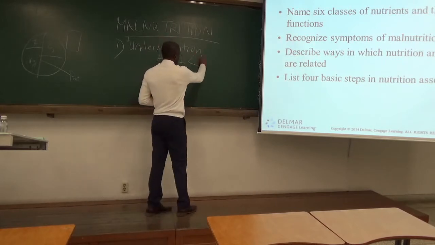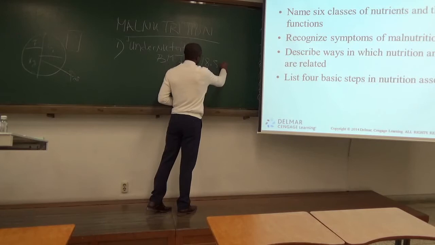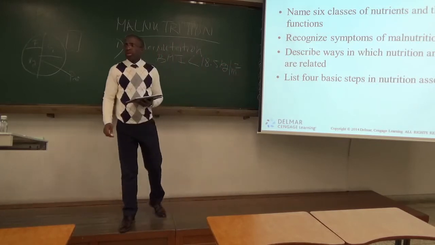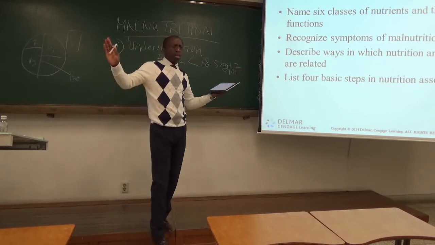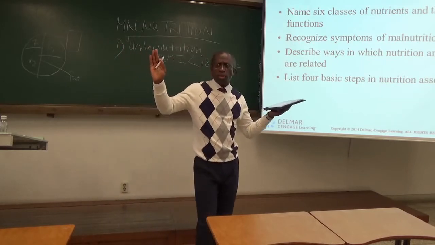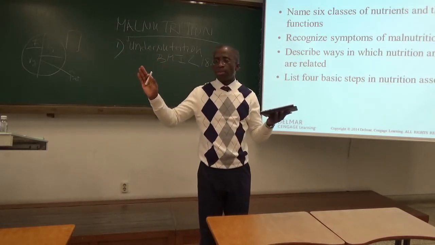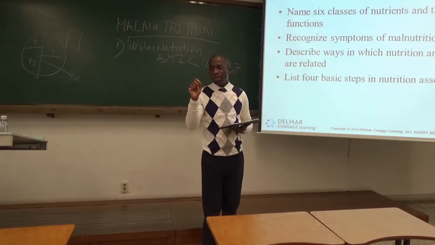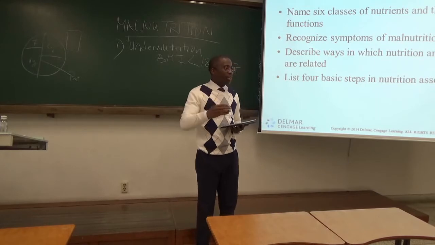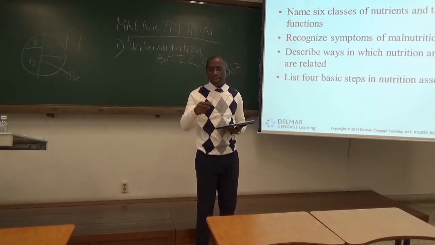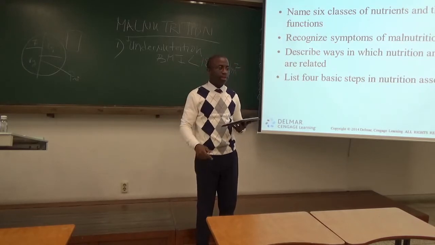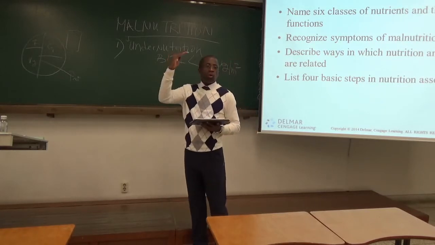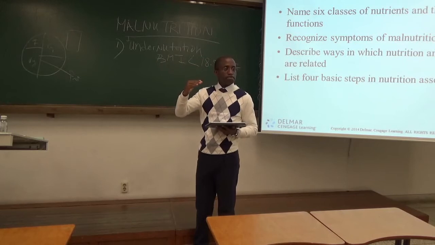So these people are usually below 18.5 kilograms per square meter. Everybody still remembers how to calculate BMI, right? Remember, we're going to have a problem where I will tell you Professor Obiang had this height, this weight, and calculate his BMI. So just keep that in mind.